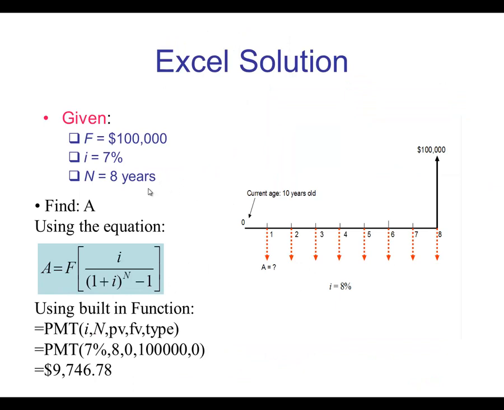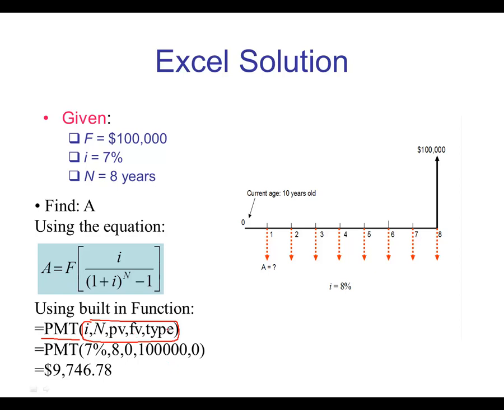If you would like to use Excel, then you can use the function that's called PMT, and that will ask you for the following arguments: I, the interest, N, number of periods, PV, the present value. I don't have any present value right now, I have future value.